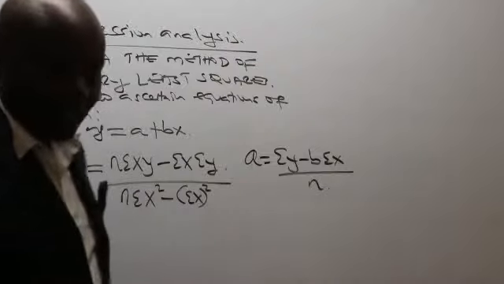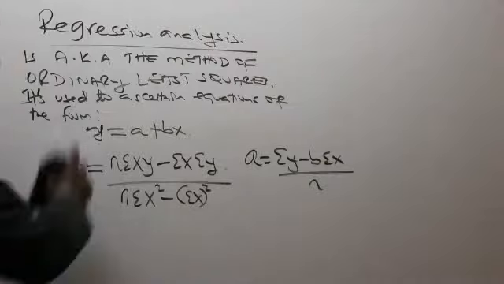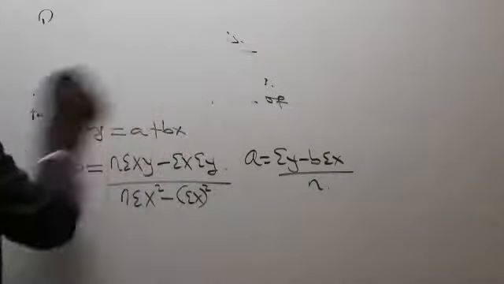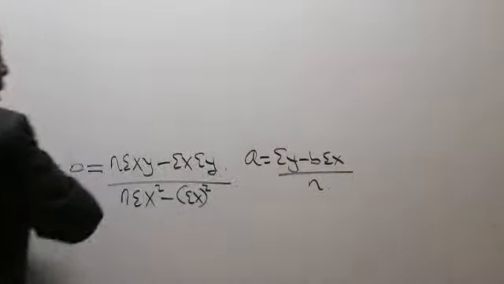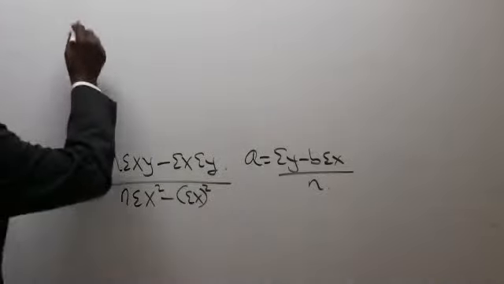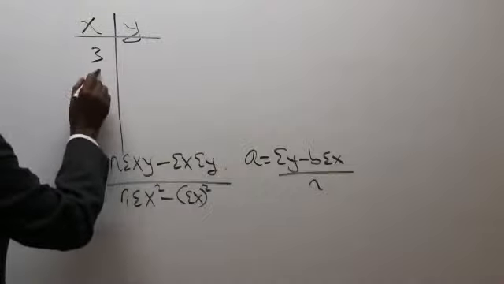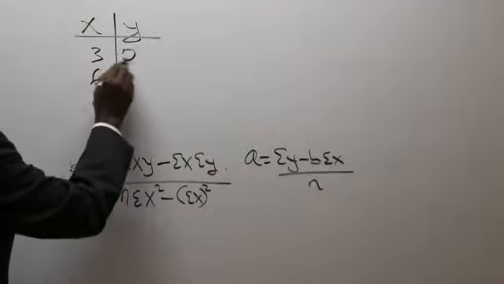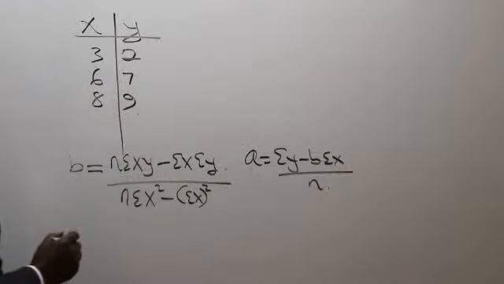Now we come straight to an exercise. Exercise for us is very important. Suppose you are given x values 3, 6, 8 and y values 2, 7, 9, and they want you to ascertain the regression equation.